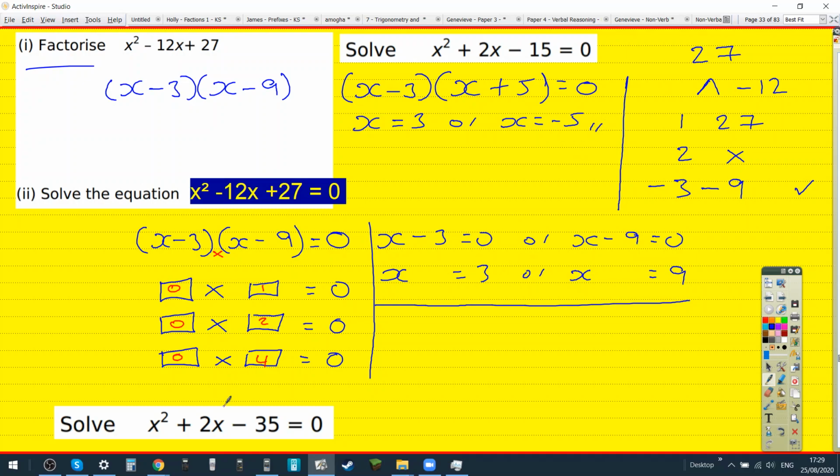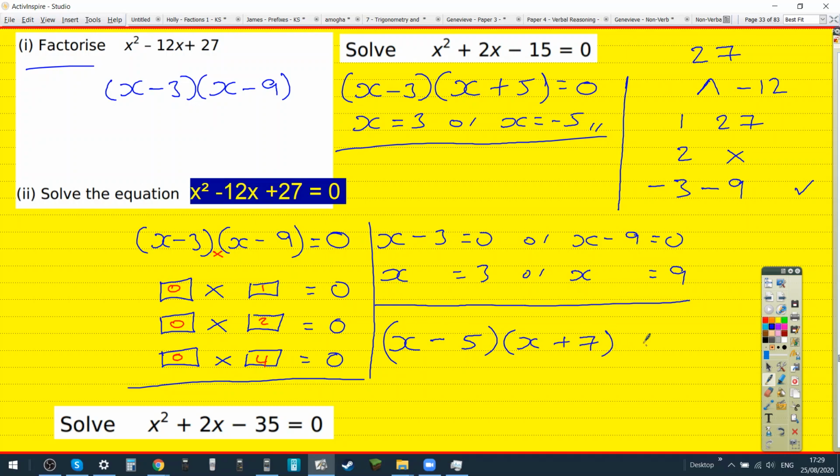And let's try the bottom left one. So we broke it down into x minus 5 and x plus 7.